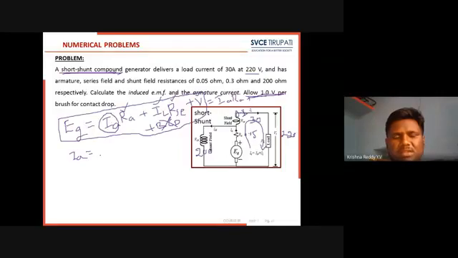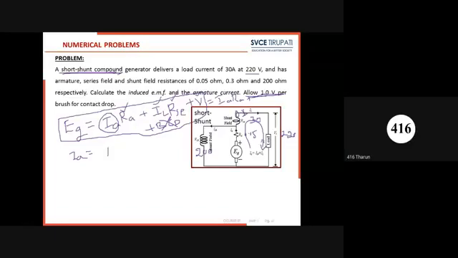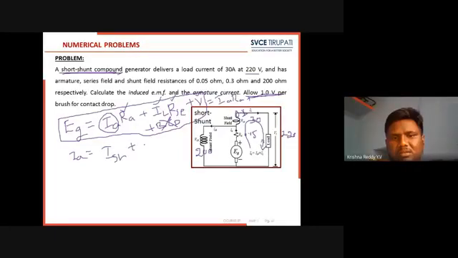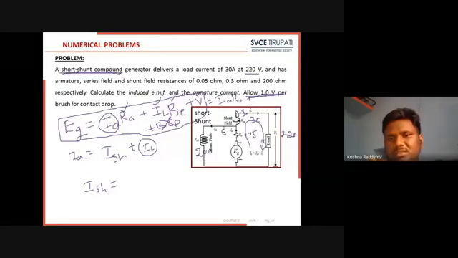What is the equation of IA? IA equals ISS plus IL. Here we know the value of IL. How can we calculate the ISS value? The series field winding is in parallel with this series field winding and load.